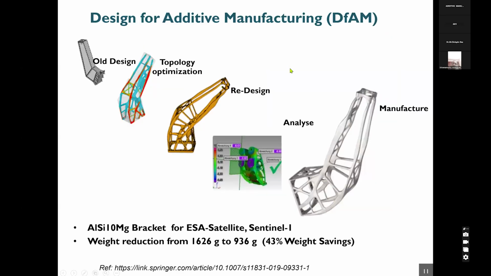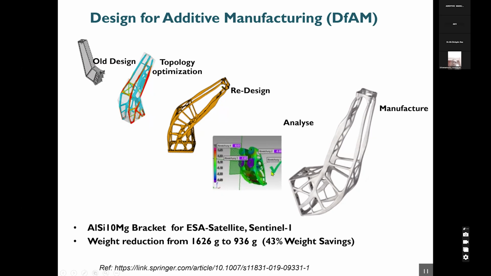So what do we mean by design for additive manufacturing? You have an existing design, you carry out a topology optimization. By topology optimization, what I mean is wherever material is not required from a functional point of view, we can eliminate or remove that. So based on that, we do a redesign, and we subject the redesigned part to analysis again using ANSYS.